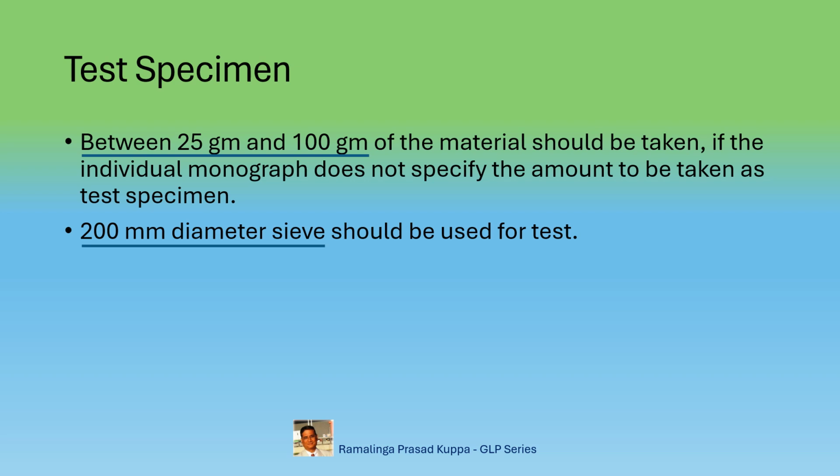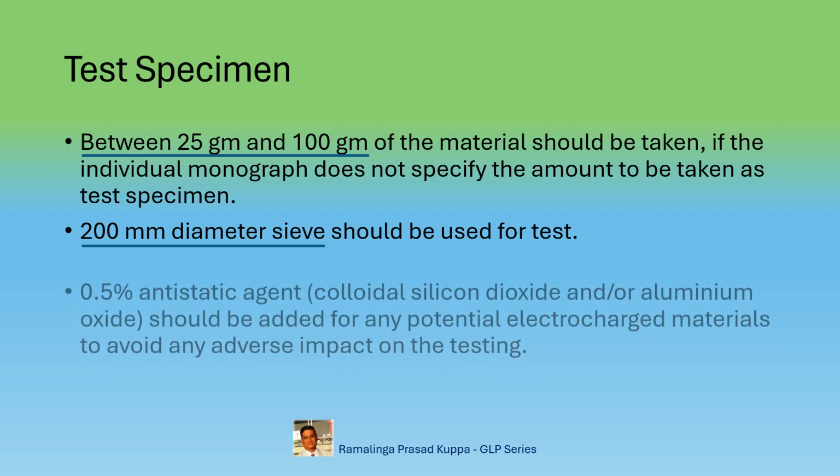This amount between 25 grams and 100 grams is for a 200 mm diameter sieve. A smaller sized 76 mm sieve may also be used for testing. In such case, the amount of specimen taken should be 1/7 of the amount that was used for the 200 mm diameter sieve.